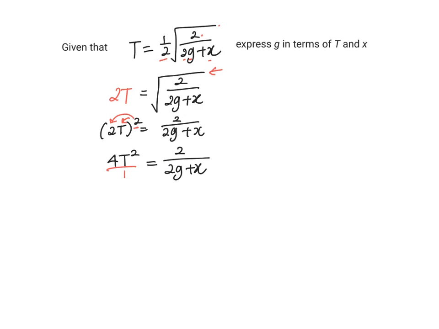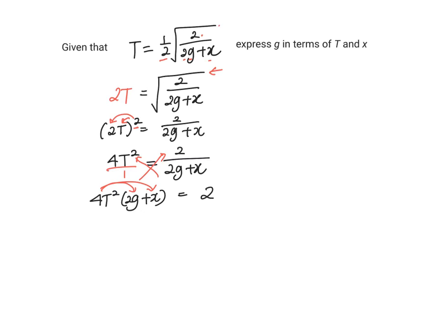Now we can try to cross multiply to get the equation. So 4t squared times 2g plus x equals to 2. 2g is trapped inside the bracket, so we must rescue it.